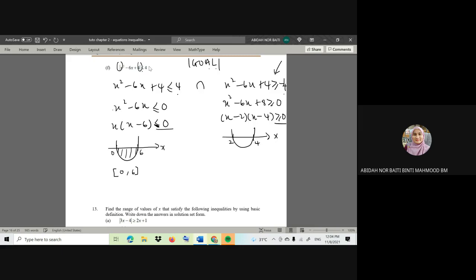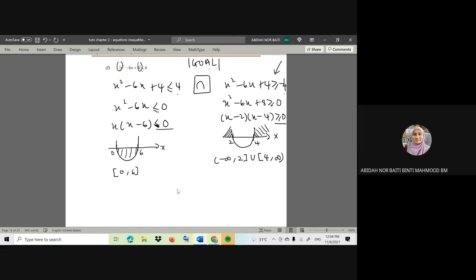Greater than 0, we shade above the x axis. Therefore, your answer is negative infinity to 2, union 4 to infinity. But this is not the final answer, because we have not used these yet.